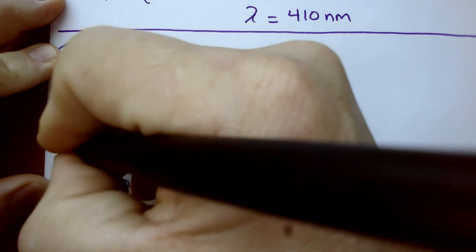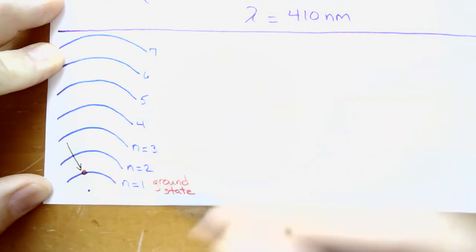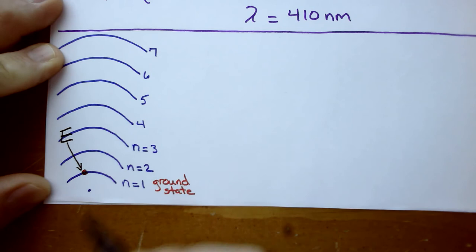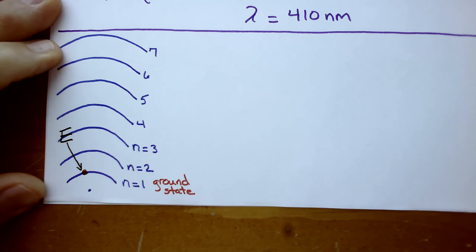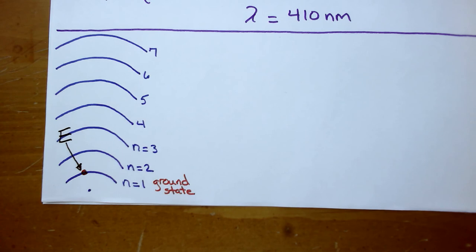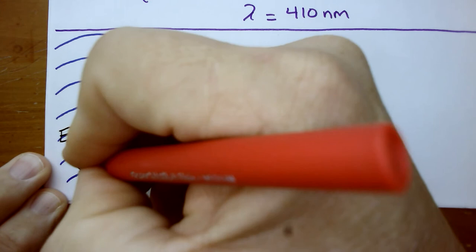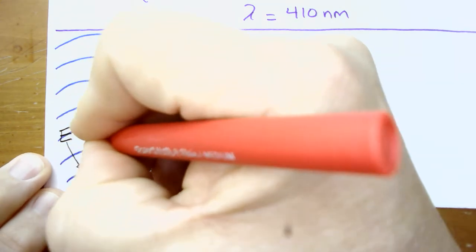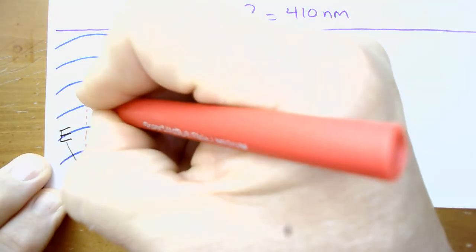Either that energy can be through electricity, through heat, whatever, but I give it energy. That electron absorbs that energy and will jump to a higher level, a higher energy state. Let's say it goes to this energy level state.